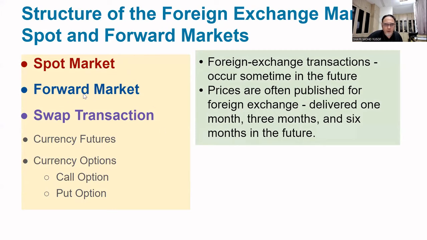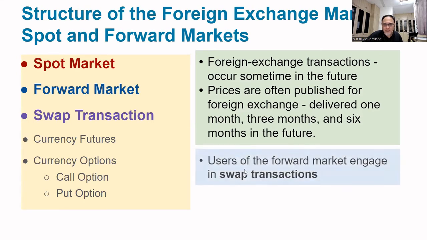The spot market is on the spot: you buy the foreign currency and you pay for it. But in the forward market, you may want to buy the currency today for delivery 1 month, 3 months, or 6 months in the future.